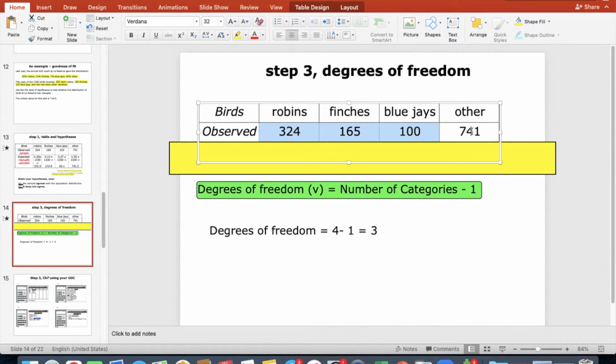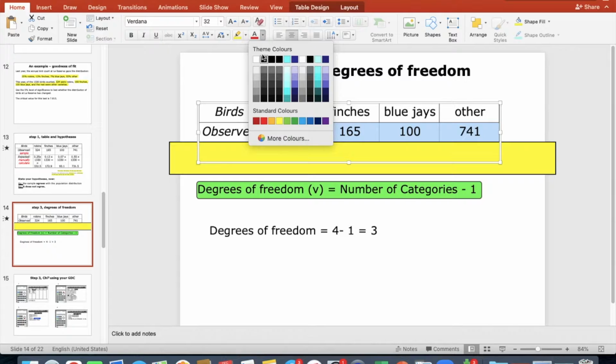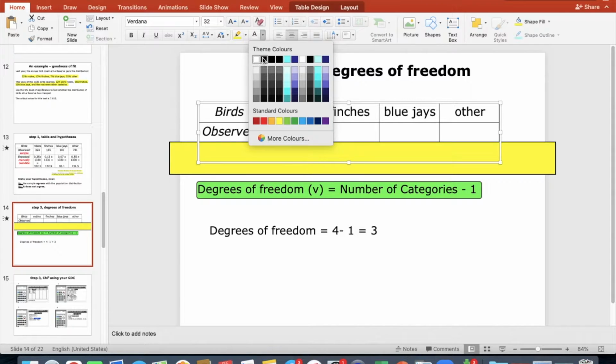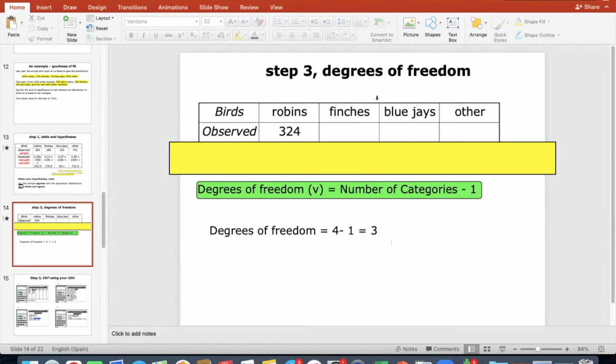Now, remember, degrees of freedom represent how much freedom we have if we put in bits of data. So say, for example, this data didn't exist, and I'm going to get rid of all this data here. If we first of all decide a value here is going to be 324, that's 1 degree of freedom.